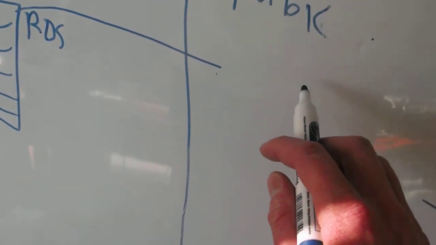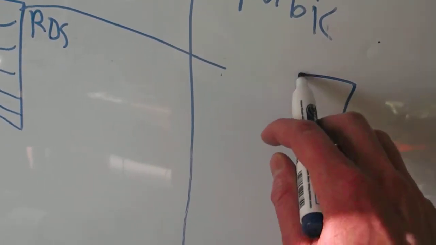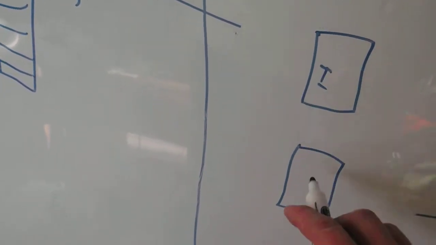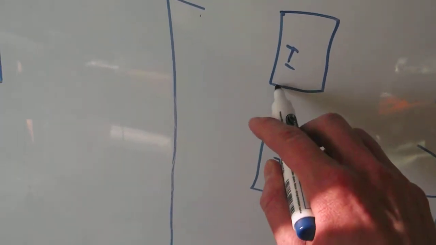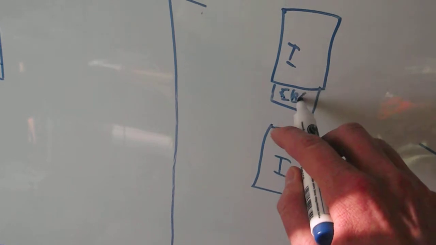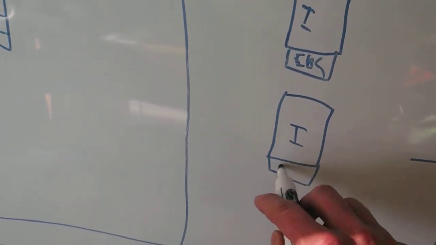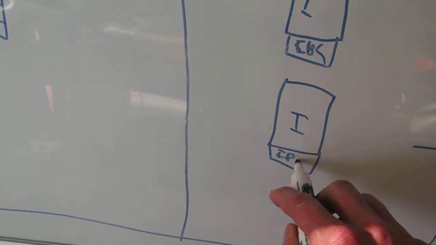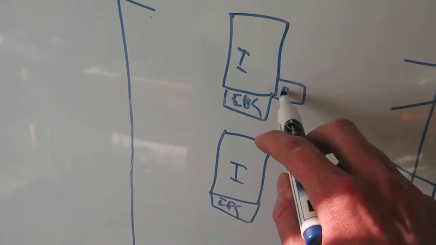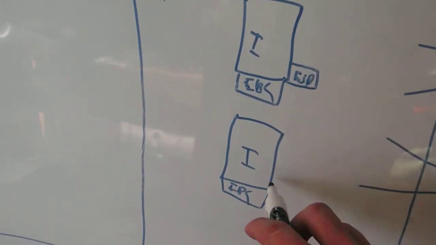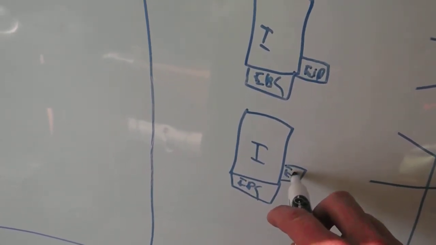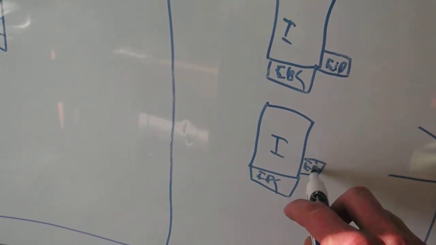Then in the public subnet, we're going to do a lot of things. We're going to have two instances, and attached to each instance we're going to have a little EBS volume and a little elastic IP address. The reason it's called elastic IP is because you can actually pick it up and move it to various resources.